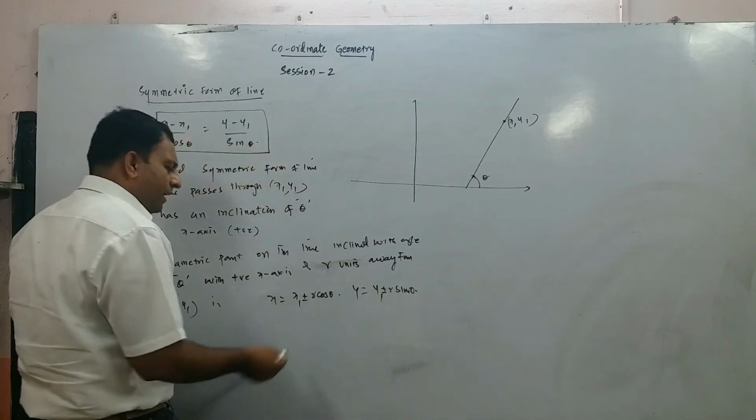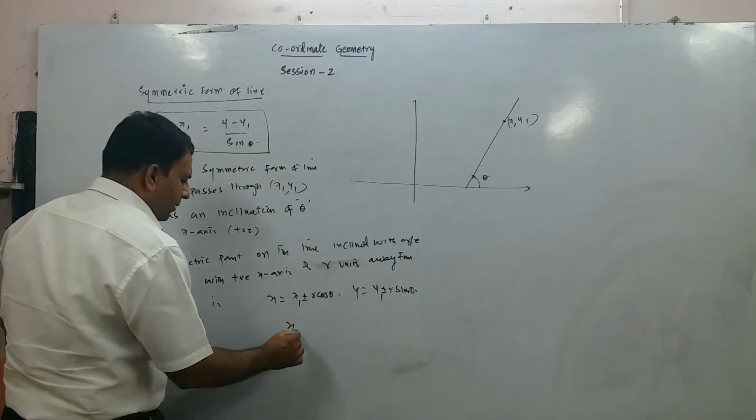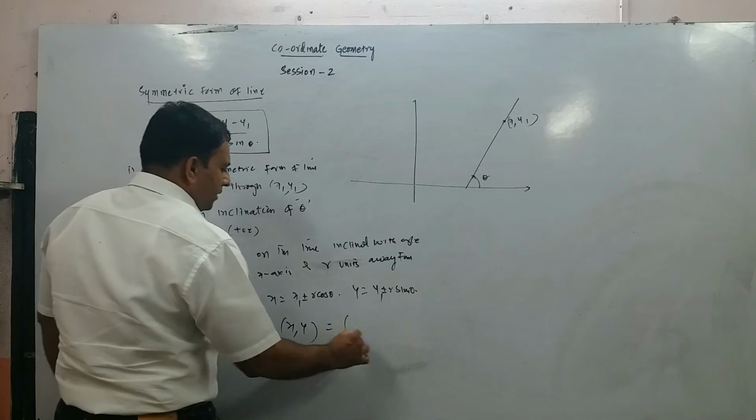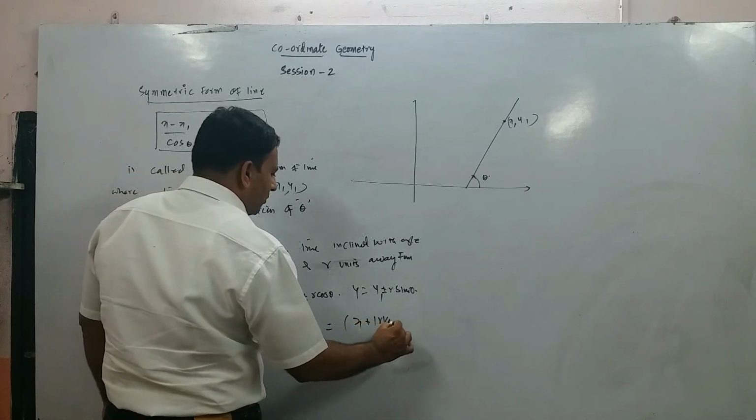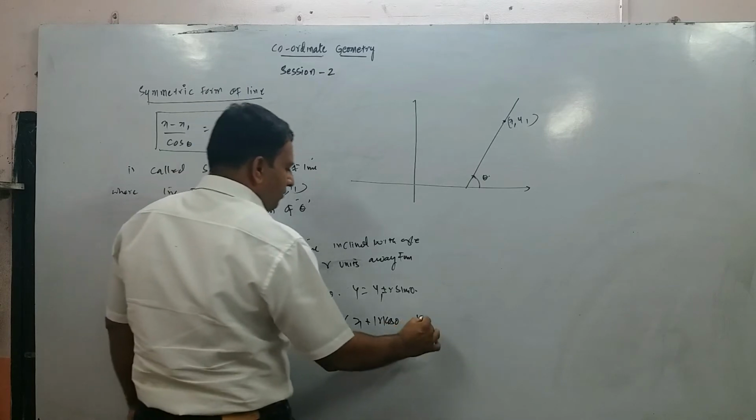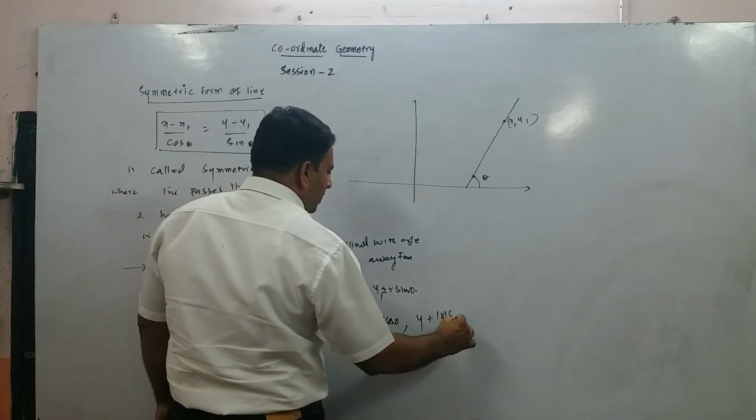Some people, instead of writing plus or minus, write the parametric point (x, y) as x + |r cos θ|, y + |r sin θ|.